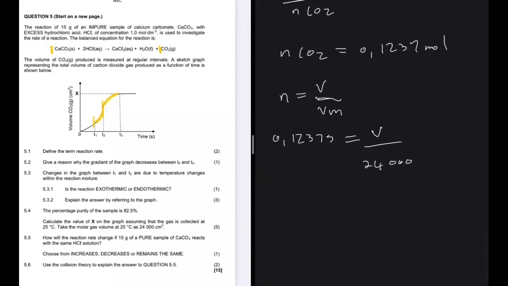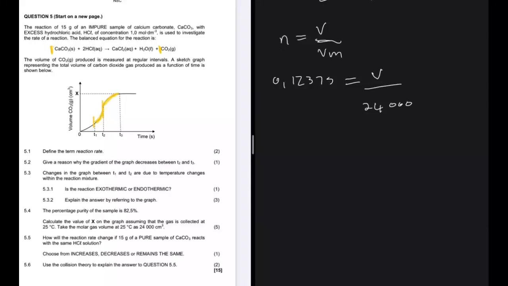So if we cross multiply, we can determine our volume, the value of X. So V equals 0.12375 multiplied by 24,000. Let me put that in my calculator real quick.